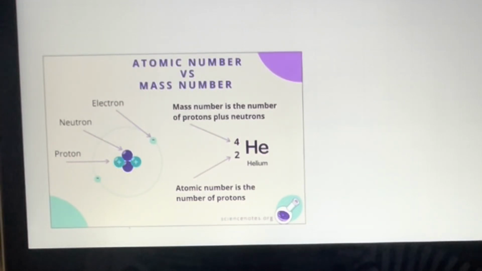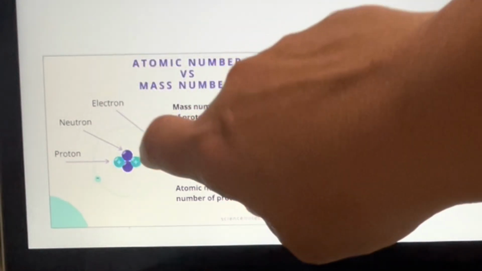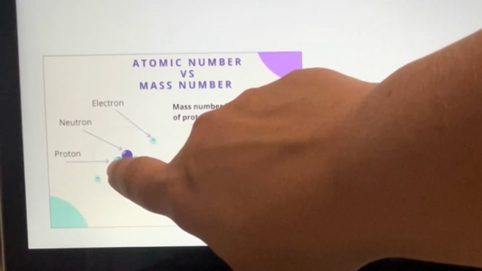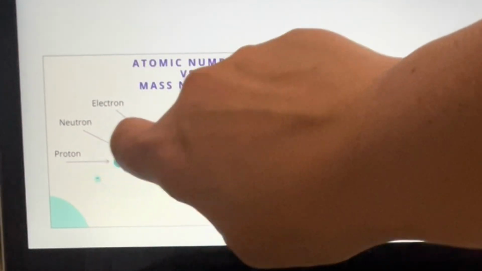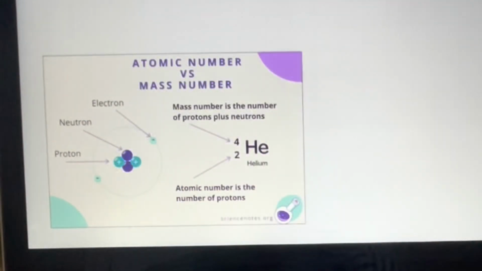All right, so in review, we have the atomic number and the atomic mass number. So here we have the atom illustrated on the right. For example, helium, we have 2 protons, 2 neutrons. So we have 2 protons, the positive. We have the 2 neutrons in the nucleus. We also have the 2 electrons.